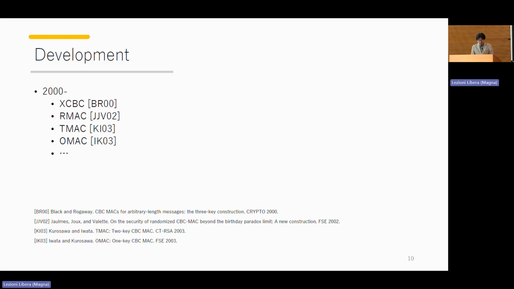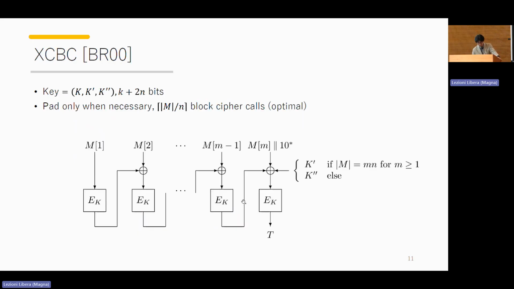We saw the designs of XCBC, TMAC, and OMAC in the early 2000s. Let's see how this works. XCBC uses 3 keys. This is called the 3-key construction. We just run the CBC-MAC, and the idea is to pad only when necessary.